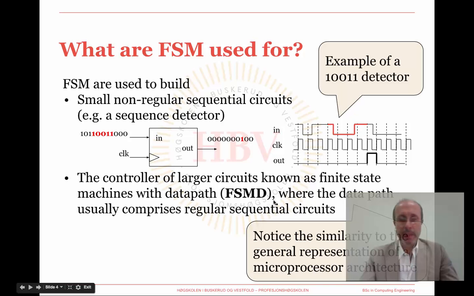In FSMDs, the finite state machine used as a controller generates the control signals for all the blocks that are present in the data path. A microprocessor can be seen as a complex FSMD where the controller is the finite state machine that implements the instruction decode and execution control unit.